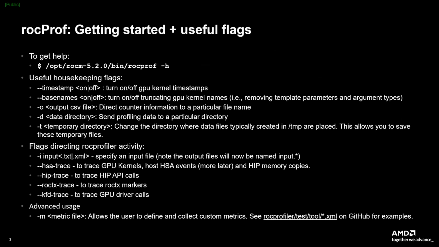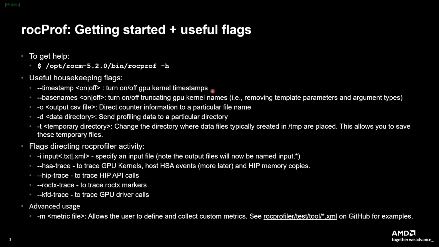Now, Rocprof has a few options, flags. I have here an example from ROCm 5.2.0. Rocprof is here, and -h is to show you the arguments. The --timestamp option, on and off, keeps the GPU kernel timestamps.